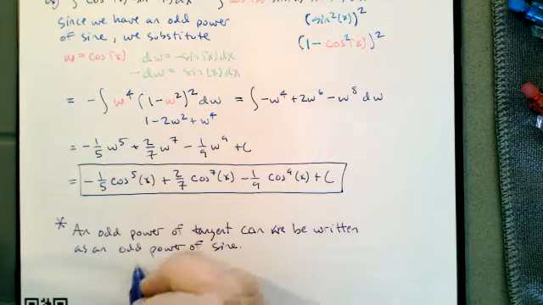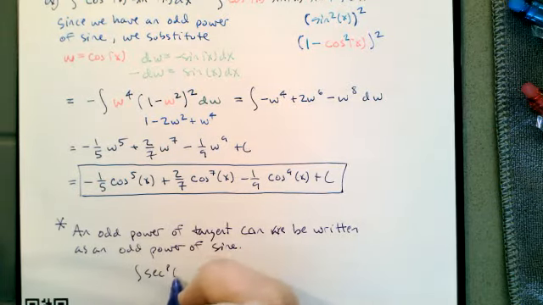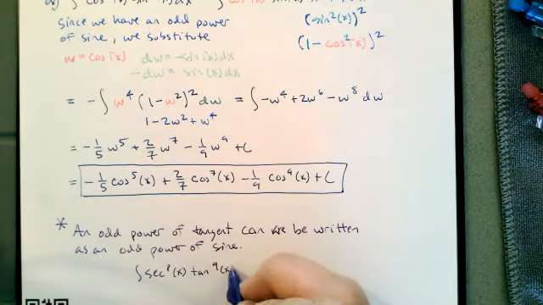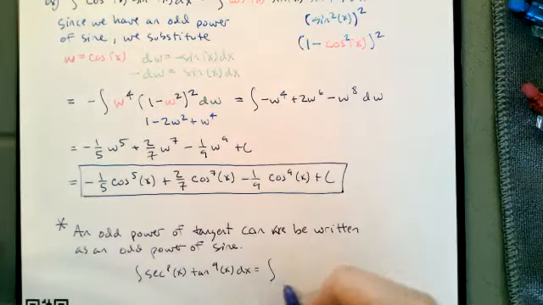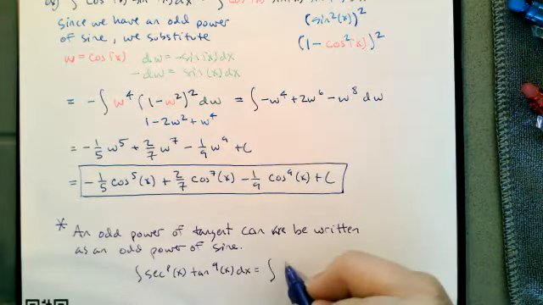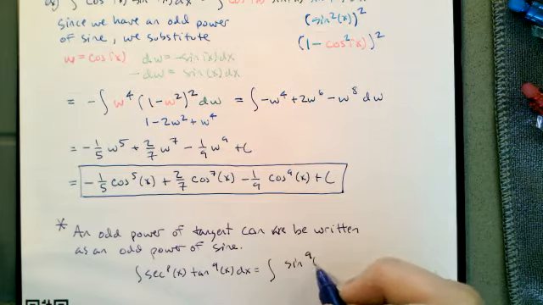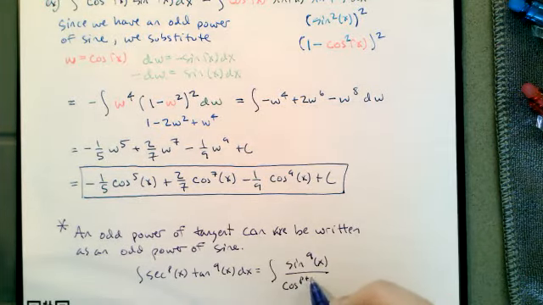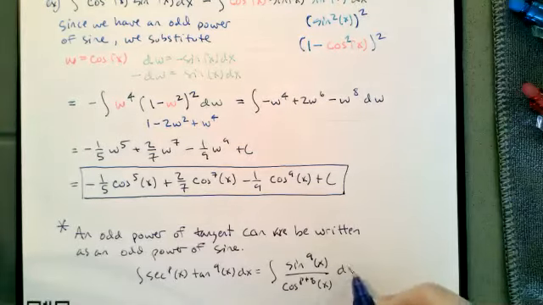So we can view the integral of secant to the p x tangent to the q x dx as secant being 1 over cosine to the p, and then tangent to the q being sine to the q over cosine to the q. So I could view this as sine to the q of x over cosine to the p plus q of x dx.